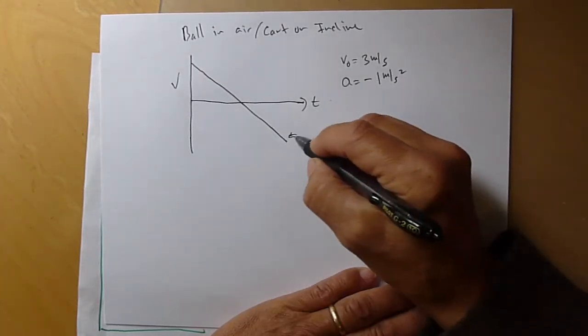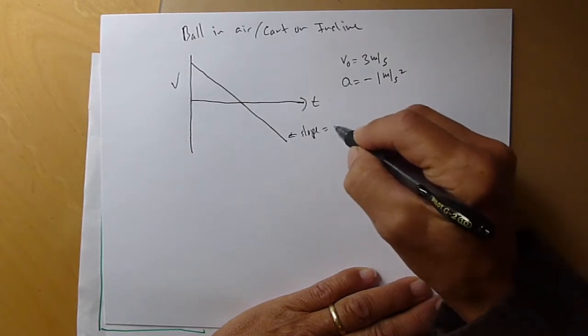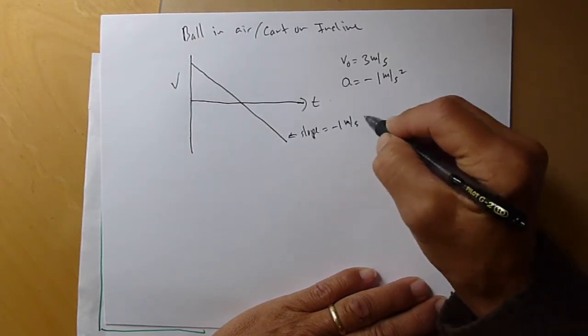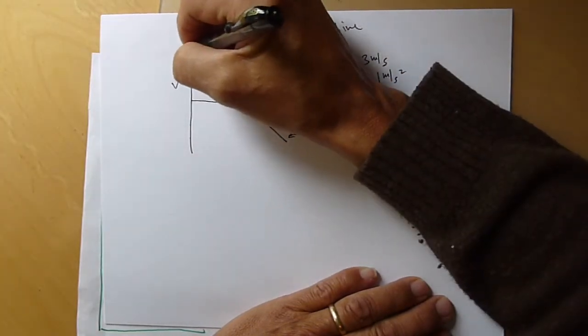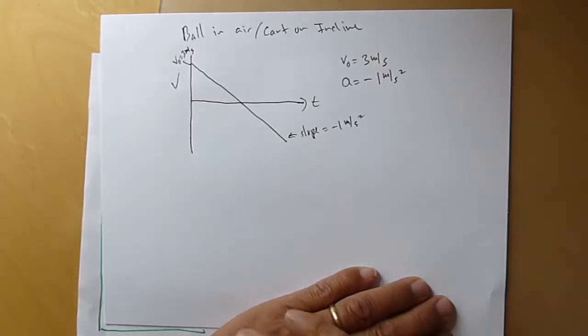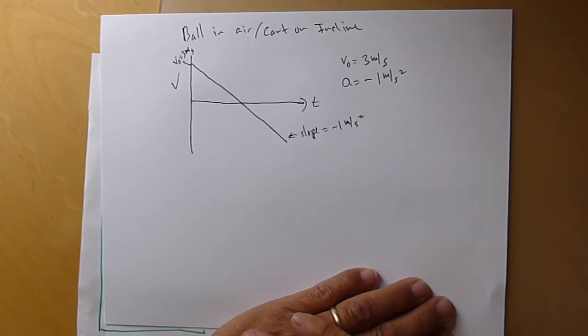Obviously that means that this slope here is minus 1 meter per second squared, and the initial velocity v0 is 3 meters per second.